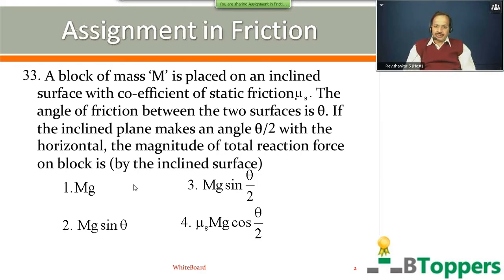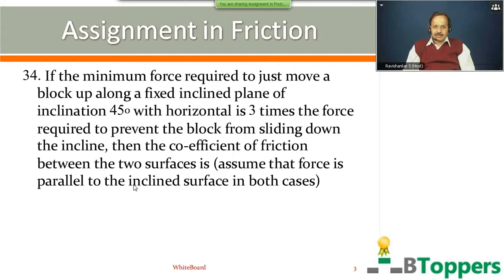In case you need more time to answer the question, you can take a pause and take your own time. I'm going to show you the next question on the screen. See the question number 34. The minimum force required to just move a block up along a fixed inclined plane of inclination 45 degrees with horizontal is 3 times the force required to prevent the block from sliding down the incline.